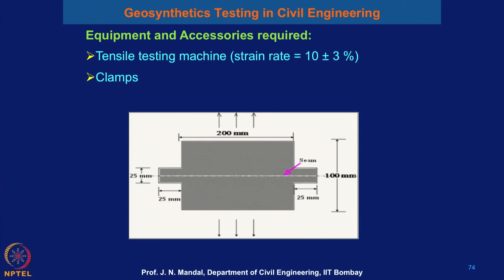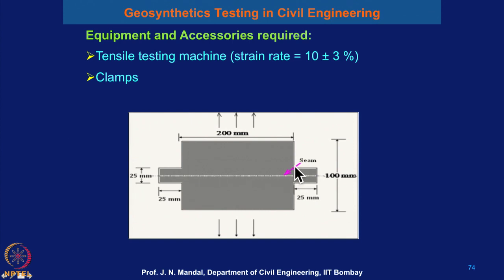Now, the test is performed in the universal testing machine with a strain rate of 10 plus minus 3 percent. It is the same as we perform the tensile strength test of the geosynthetic material, and the clamp arrangement is the same. There is a slight difference in the sample size.